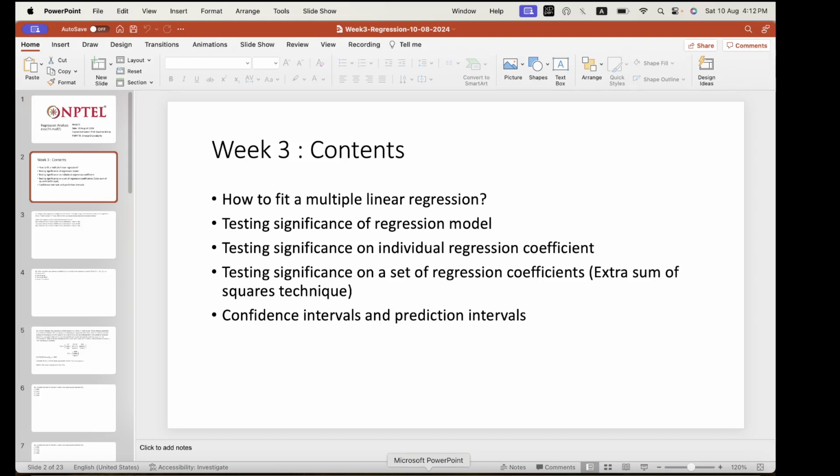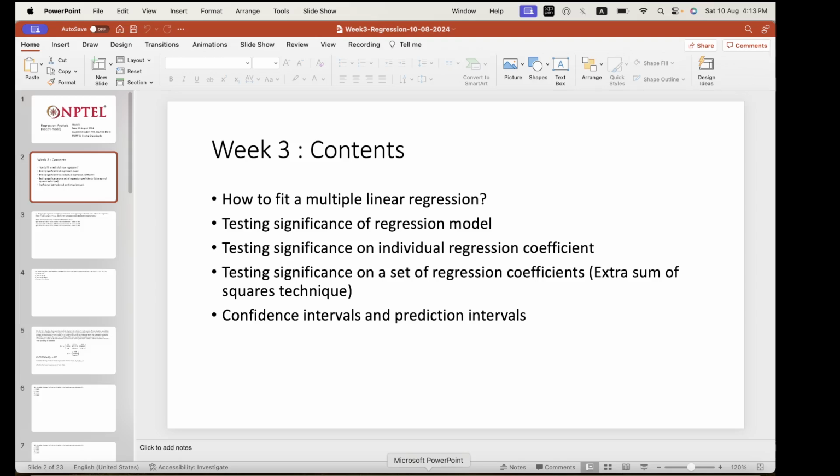But what if we want to test for significance of, let's say, a subset of the 4, let's say 2 or 3, then what do we do? That problem can be tackled well by the extra sum of squares technique.